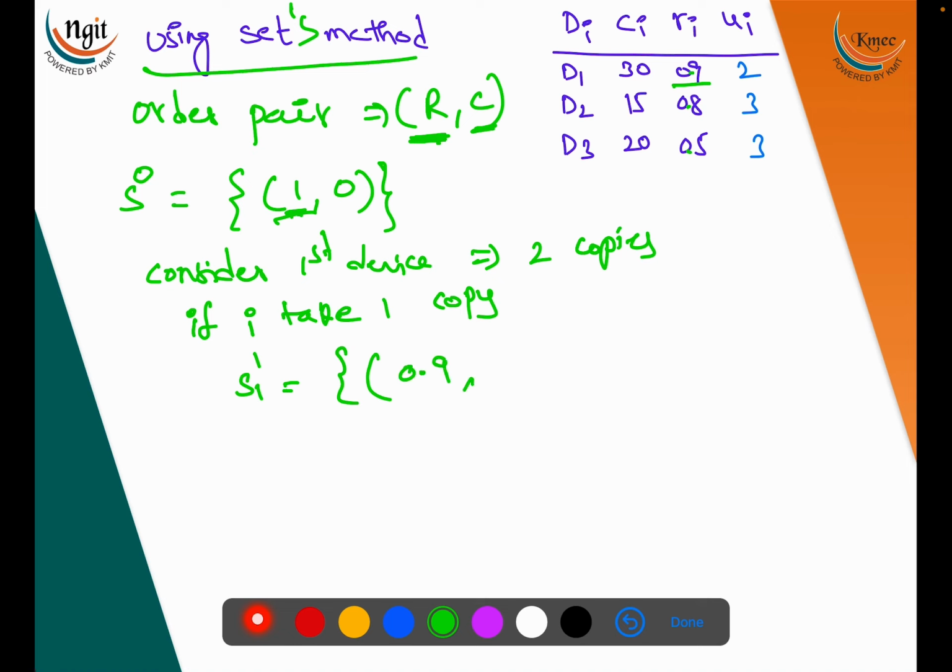Next is the cost of this. D1 cost is 30, so directly write 30 here. So this is for a single copy.